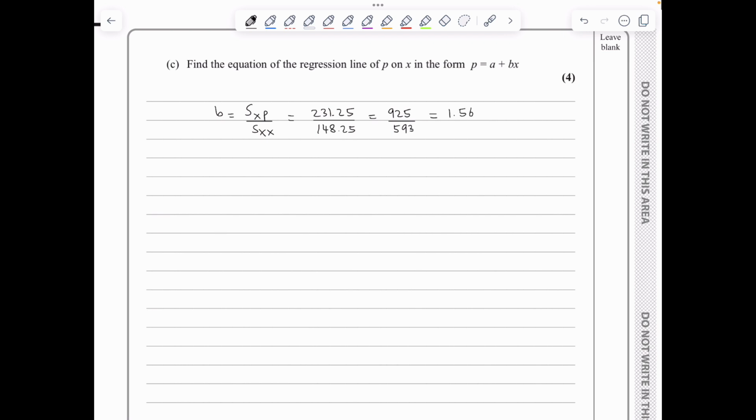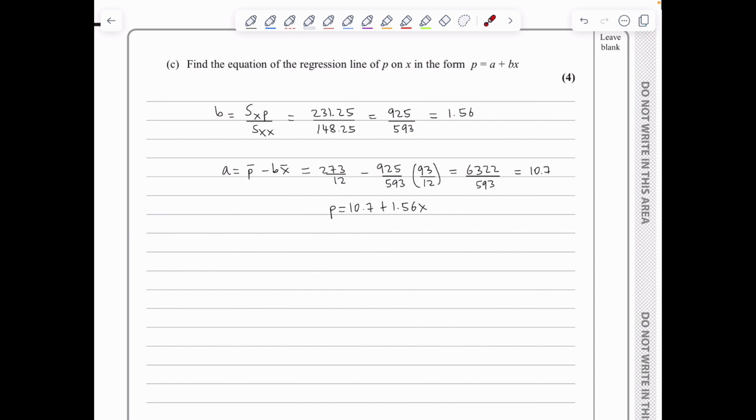Now, to proceed in finding A, the intercept of the regression line, we know that A is P bar minus B X bar, which is 273 over 12, the mean of P, minus the exact value we found for B, 925 over 593, times the mean of X, which is 93 over 12, and this gives an answer of 6,322 over 593, which correct to 3 significant figures is 10.7, and therefore we conclude that P is 10.7 plus 1.56x.